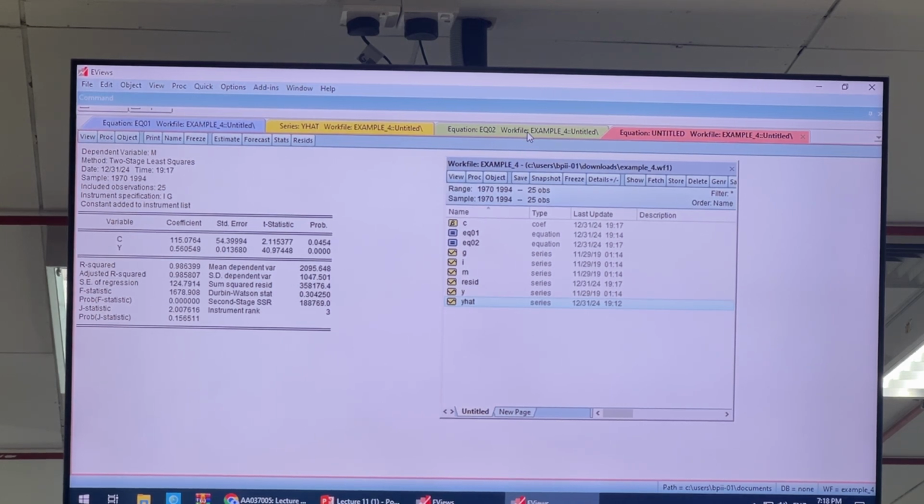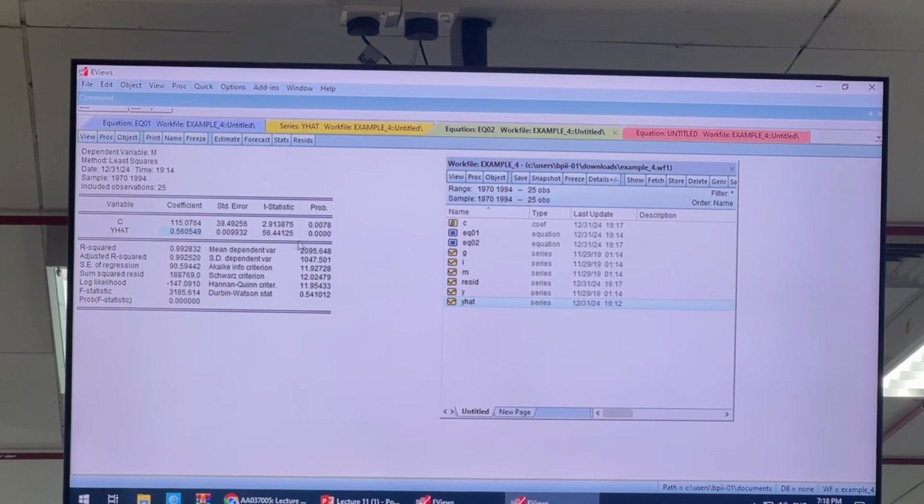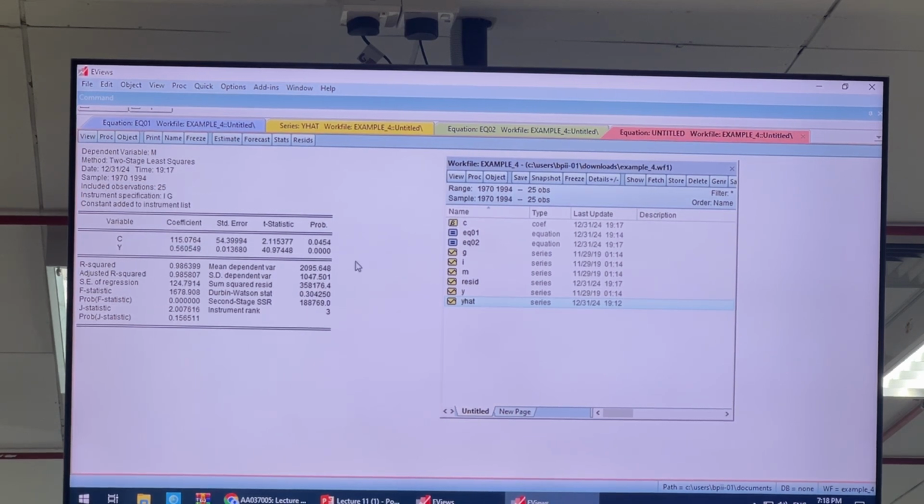The one that we estimated before used y hat, but this one uses a different way to estimate the p-value. So perhaps this one is more reliable in terms of p-value. The estimate of the parameter is exactly the same.